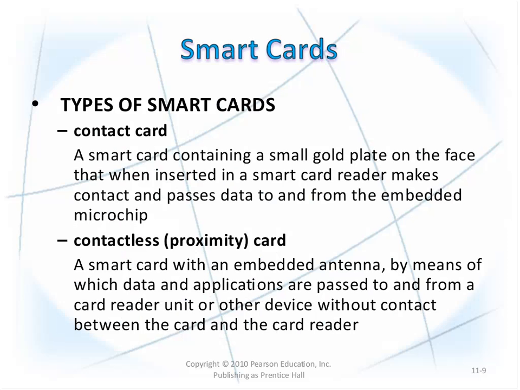There are two types of smart cards, one of them is contact. You need to contact the card. The other one is contactless. A contact card is a smart card containing a small gold plate on the face that, when inserted in a smart card reader, makes contact and passes data to and from the embedded microchip.